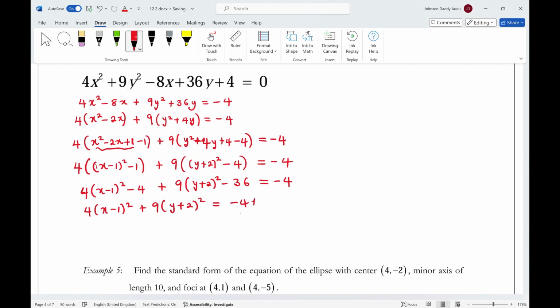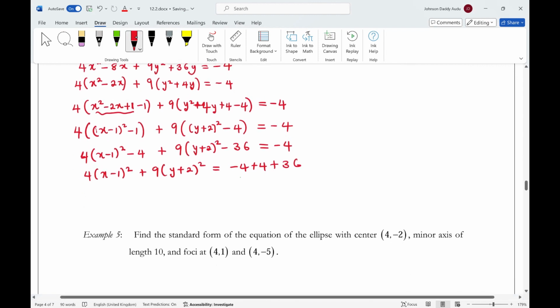You transfer this here, it becomes plus 4. This also goes here, becomes plus 36. So clearly you can see that 36 will be left on the right-hand side because this will go with this one.